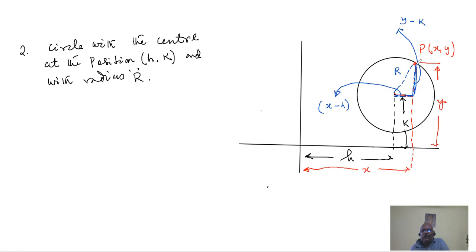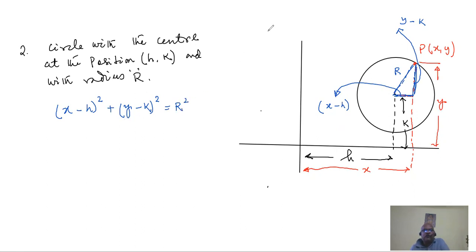Again, we see a right angle triangle here, and again we employ Pythagoras theorem: base square plus perpendicular square equal to hypotenuse square. So that is x minus h whole square, that is the base, plus y minus k whole square, that is the perpendicular, will be equal to r square.